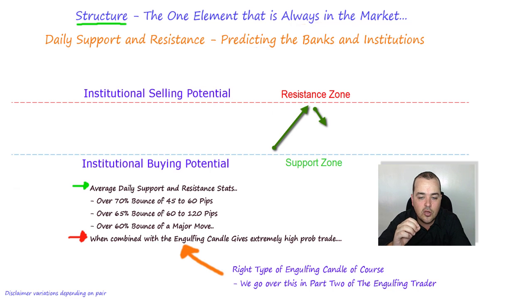Now, these are also importantly mentioned as zones. The reason I use the word zone, and other people like to call them resistance or support, is because you have to be aware that they have buffers on either side.